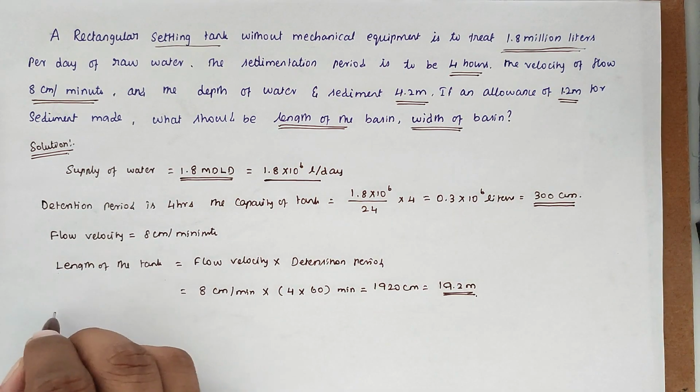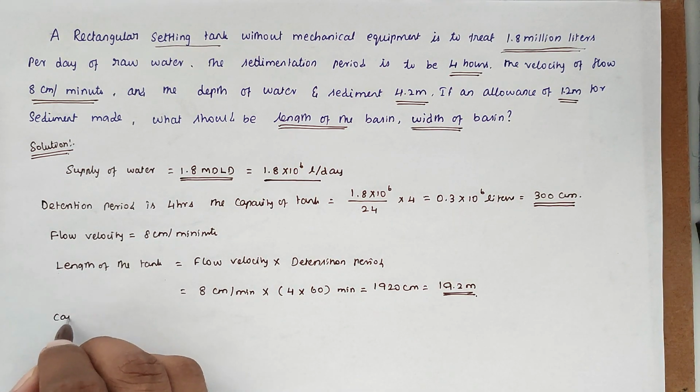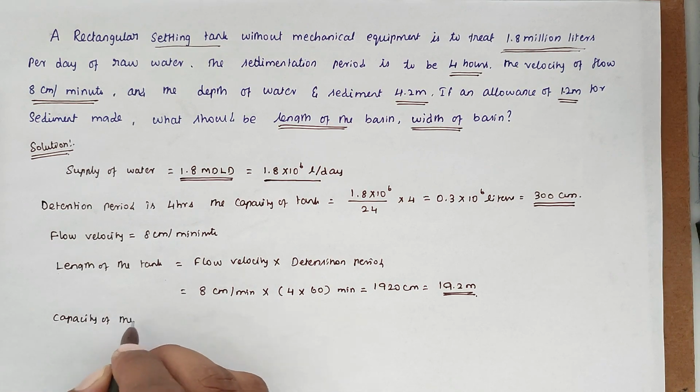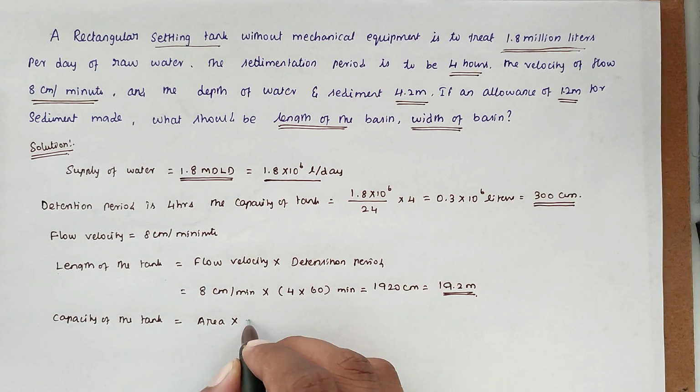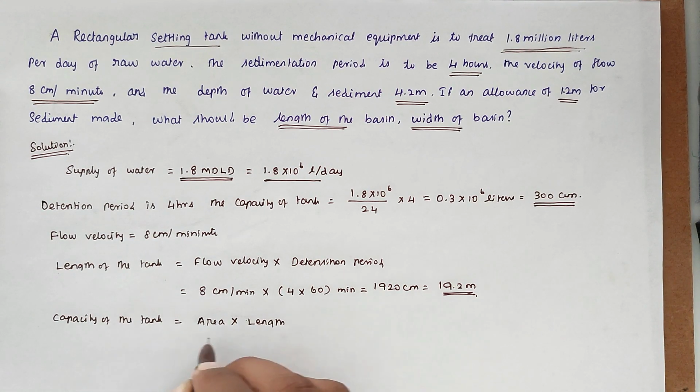Now we can take the capacity of the tank, which is area into length. We have to find out the area of the tank, since we know the capacity and length.